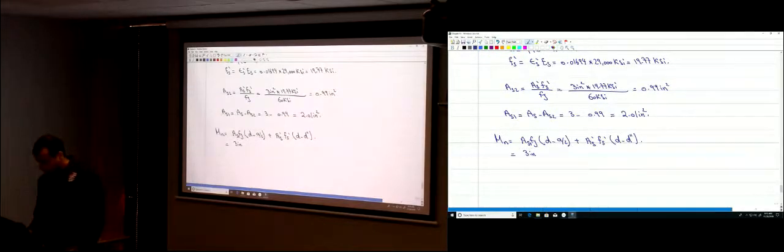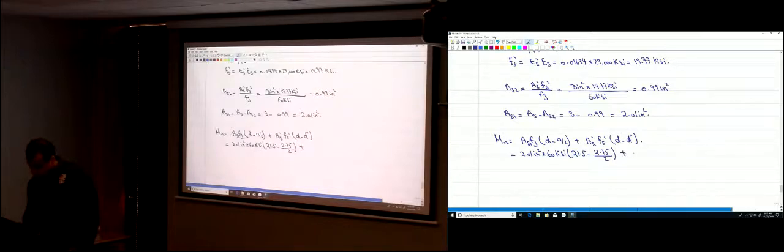So this is 2.01 inches squared multiplied by 60 KSI, multiplied by D, which is 21.5, minus A, which is, how much was A? 2.75, divided by 2, plus area steel prime, which is 3 inches squared, multiplied by Fs prime, 19.77 KSI, multiplied by D minus D double prime.